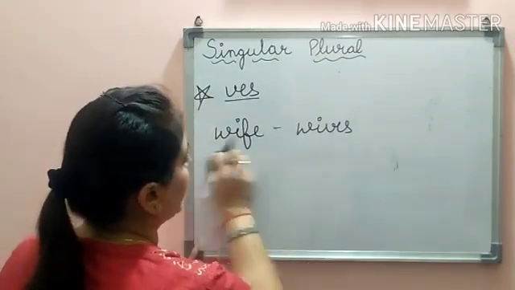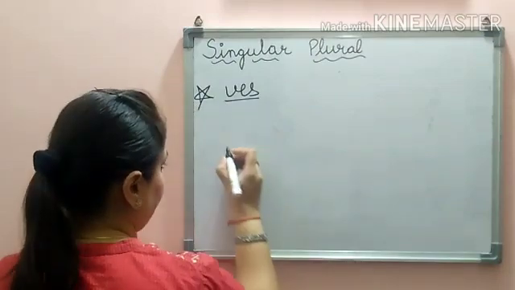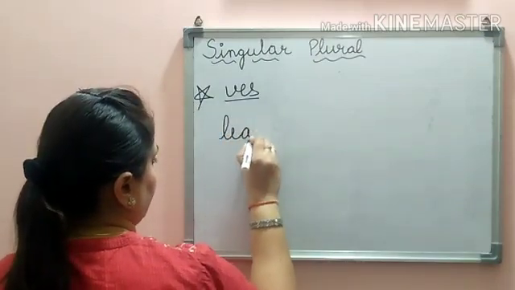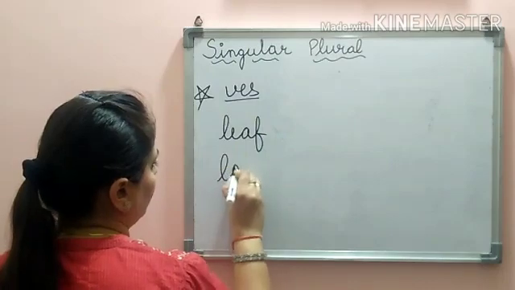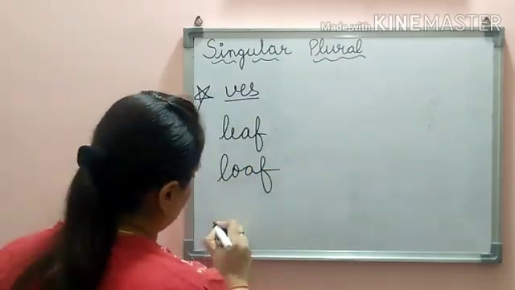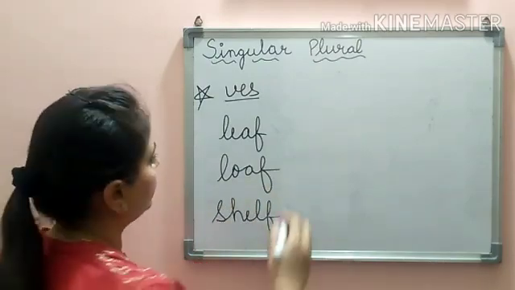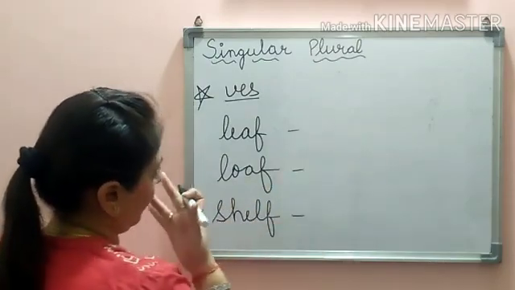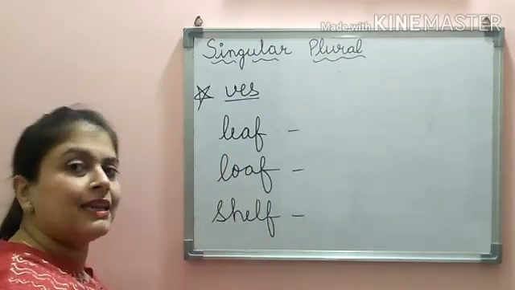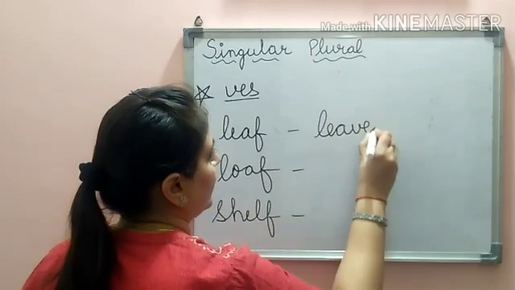Now a few more examples for this. Leaf. Loaf. Leaf and loaf. Next is shelf. Now leaf will become leaves.